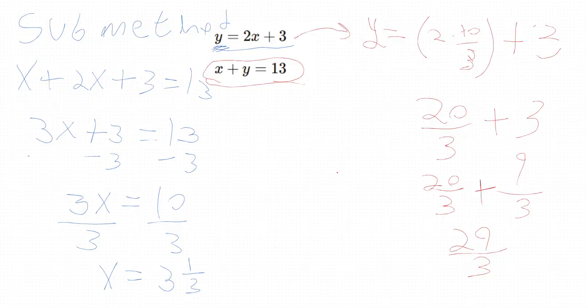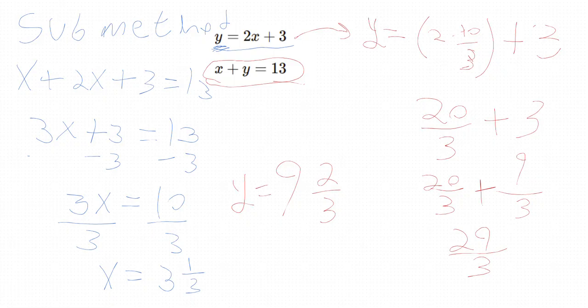We can rewrite that as y equals 29 over 3. 3 goes into it 9 times and 2 more, so we can rewrite that as 9 2/3.